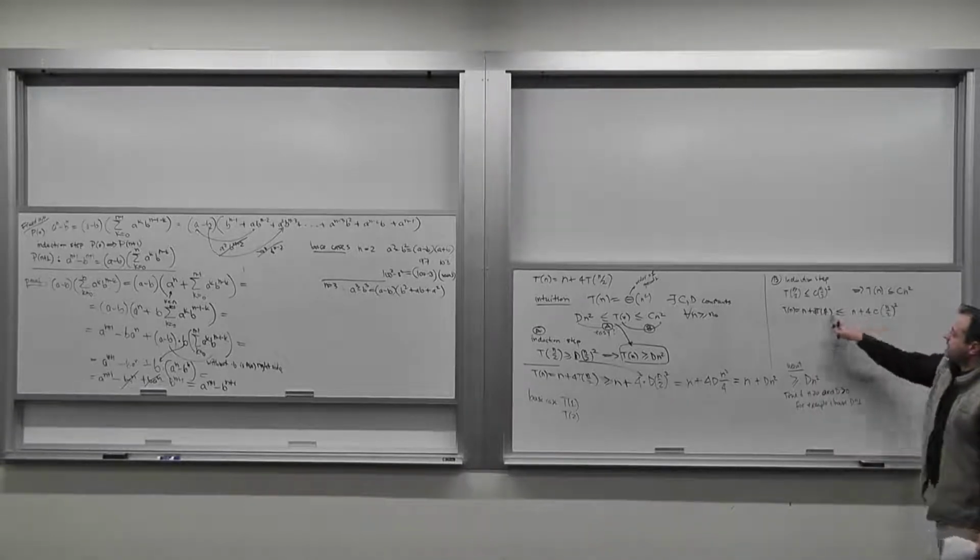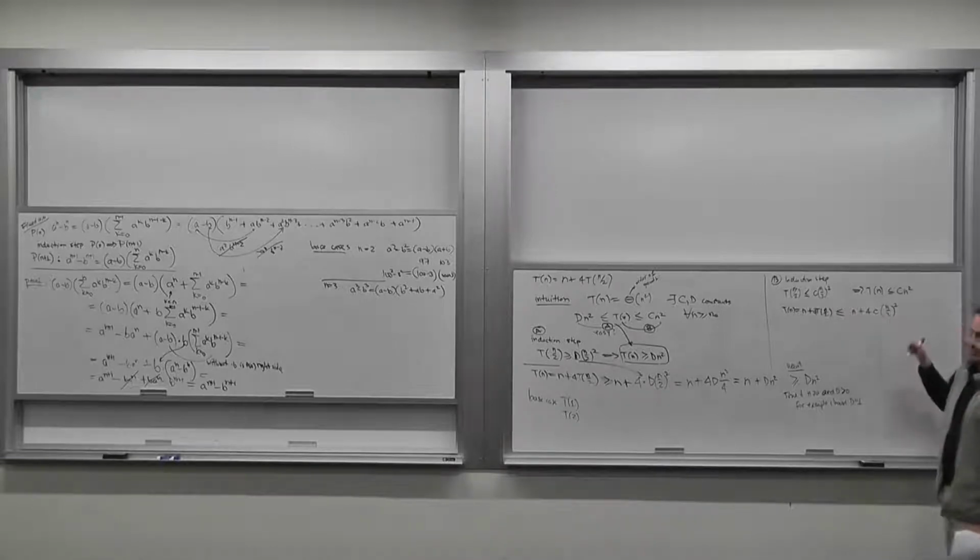The 4 stays, and T of n by 2 is smaller than c times n by 2 squared. Right? How much is this? n plus cn squared, right?